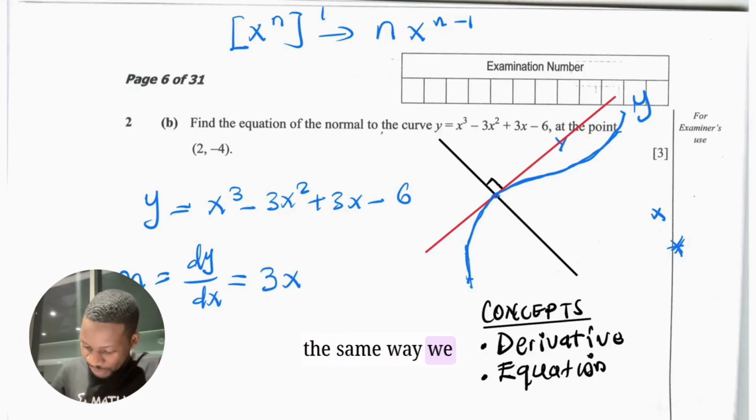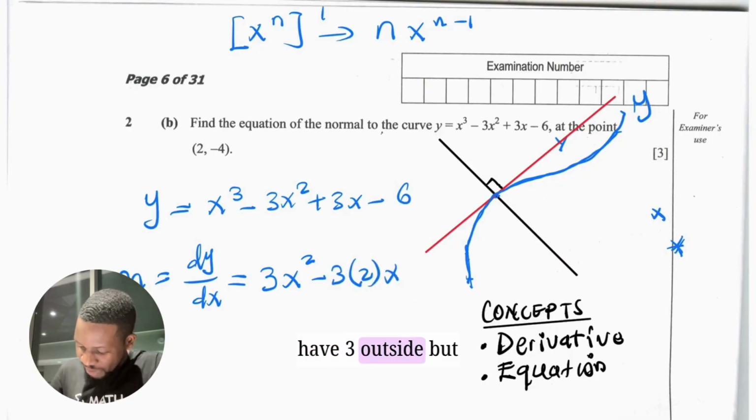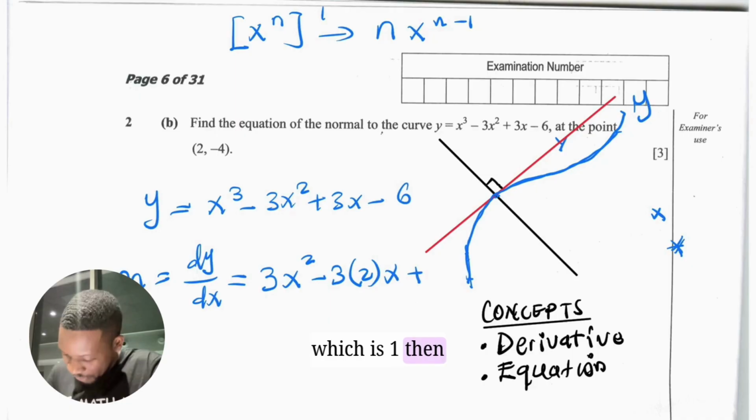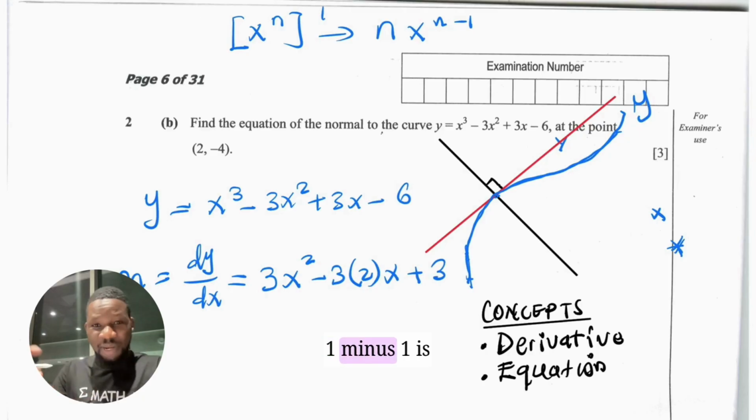So in the same way, we drop the 3 and we write x and reduce 3 by 1. So this becomes a 2. Okay, now in the same way, we have 3 outside, but we drop a 2 and reduce the 2 by 1, which is 1. Then plus, we have x, right? So x has the exponent 1. So 1 minus 1 is 0.